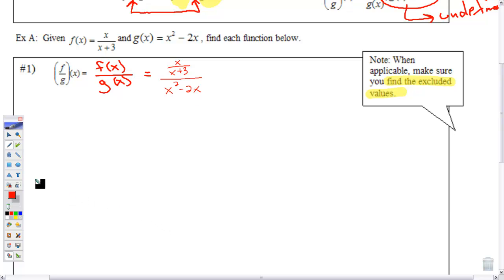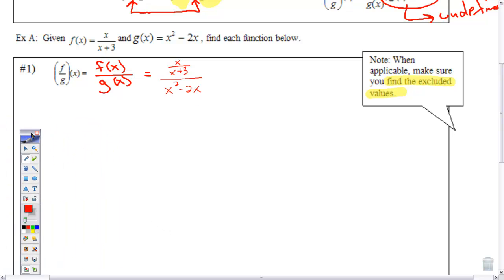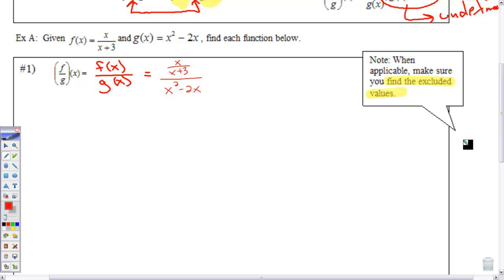Quick recap on what a grouping symbol is. Grouping symbols can be parentheses, brackets, can also be division. A division bar is a grouping symbol. So that means that the entire top is one group, the entire bottom is one group.